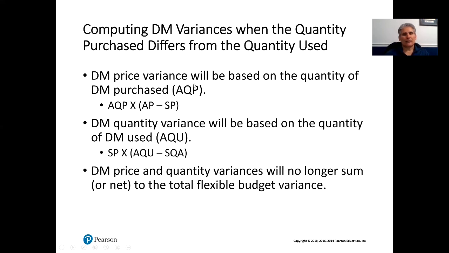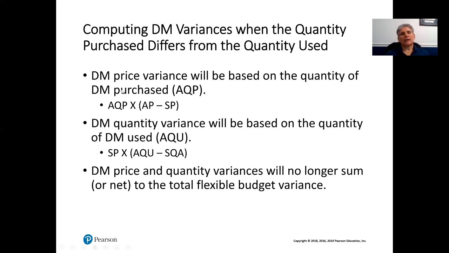Direct material price variance will be based on the quantity of the direct material purchased. So just to be clear, the price variance is based upon purchased amounts. The direct material quantity variance will be based on the direct materials used, not the purchased amount. So we need to know both of these.